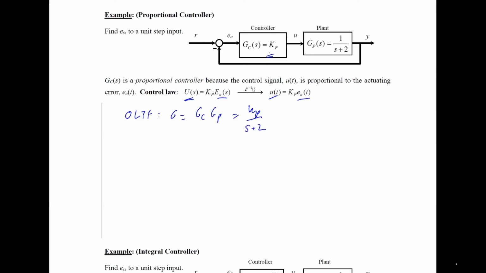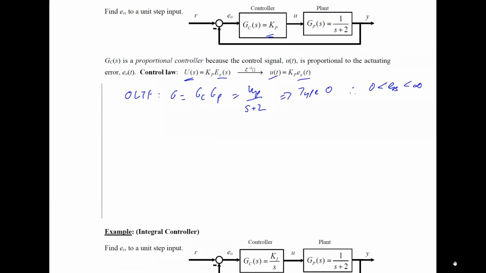This one has no pole at the origin, so this is a type 0 system. Therefore, if we apply a step input, the steady state error for a step input is a finite value. So it is higher than 0, but not infinite.